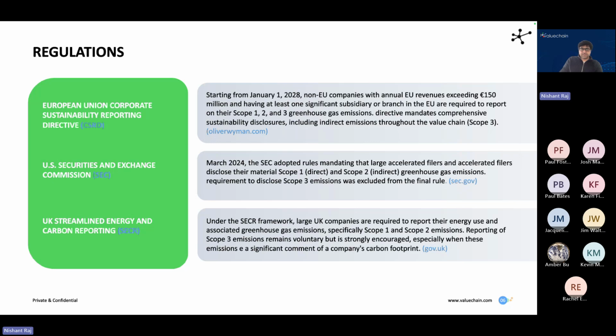It has genuine business impacts and long-term strategic impacts as well. And it's important that companies start to firstly understand where they are with these emissions, understand what the cause of that is, and then start to drive specific actions that will help them.